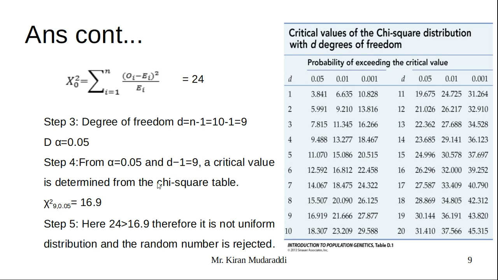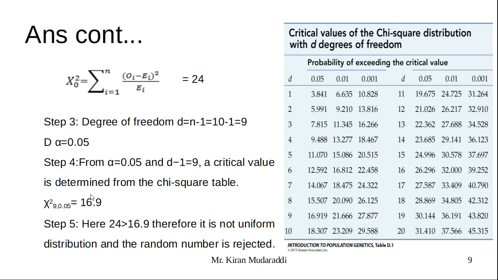So by referring to this particular table, which will be given in the exam, D value is how much? It is 9. Alpha value is how much? 0.05. So this is the alpha value, this is the D value. When D is 9 and alpha value is 0.05, you trace it here, you will get 16.919.